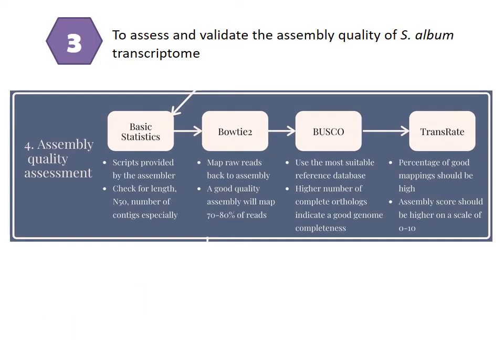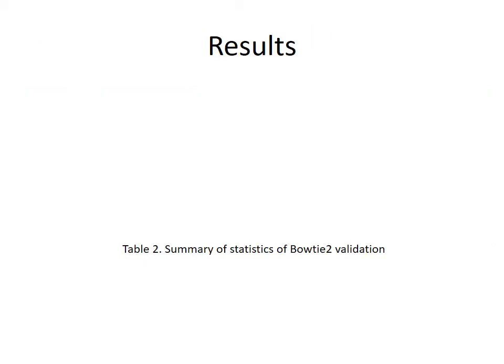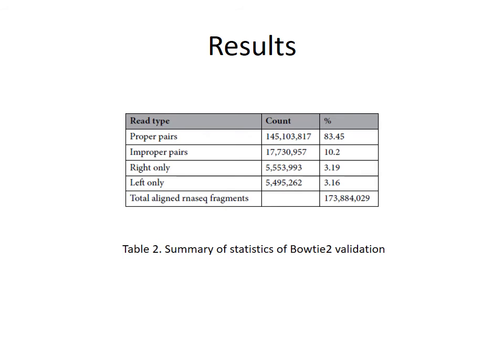Three softwares were used to assess and validate the assembly quality of the S. album transcriptome. These three softwares were Bowtie 2, BUSCO, and TransRate. Table 2 shows the summary of statistics of Bowtie 2 validation, where a high percentage of proper pairs implies a good quality assembly.